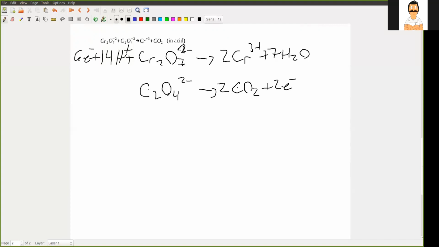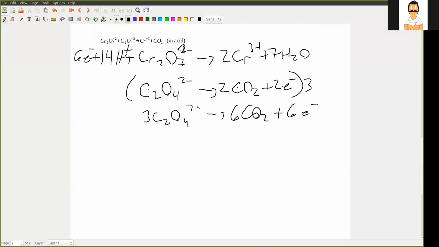So now the charges are balanced on both half reactions by themselves, but we want to combine these half reactions, so we're going to multiply this second equation by 3, making it 3 C2O4 2 minus yields 6 CO2s plus 6 electrons. Again, we have 6 electrons, so that they're ready to add together for both equation 1 and equation 2.